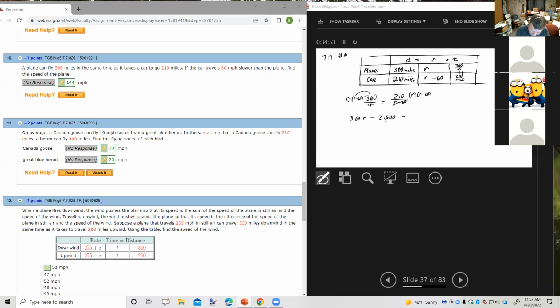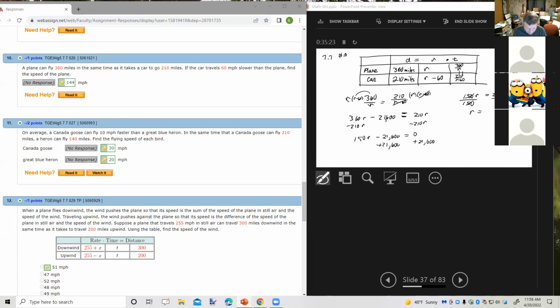And on the right side, we have 210R. I'm going to subtract 210R from both sides. So I get 150R minus 21,600 equals 0. I'll add 21,600 to both sides. So 150R equals 21,600.